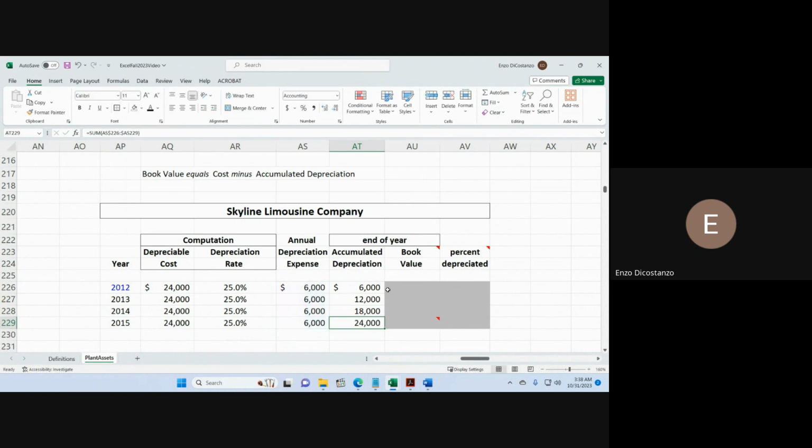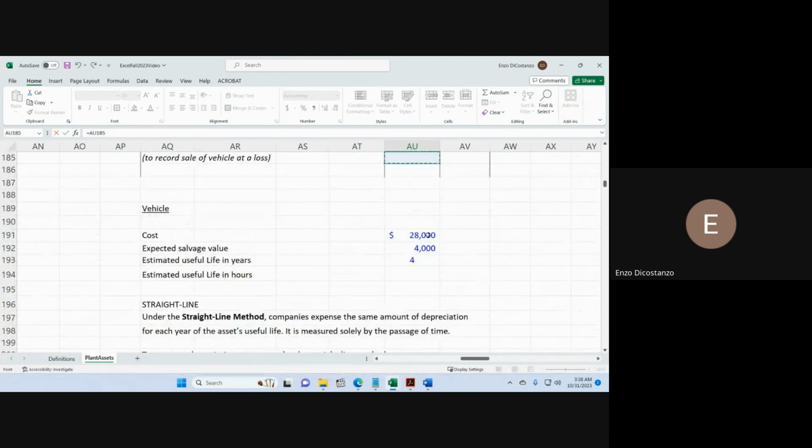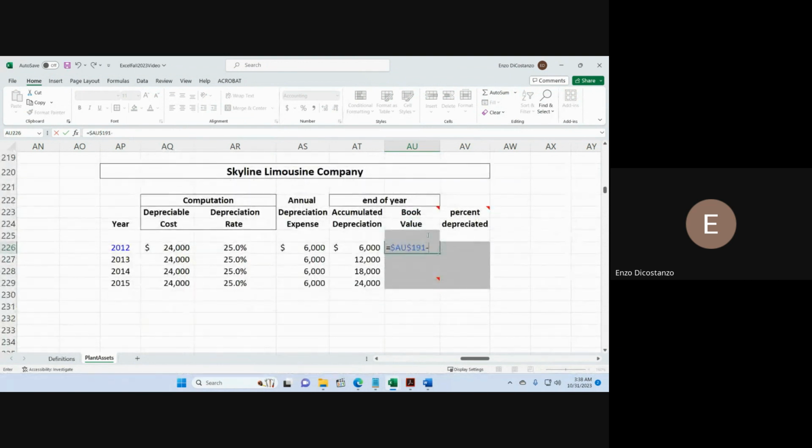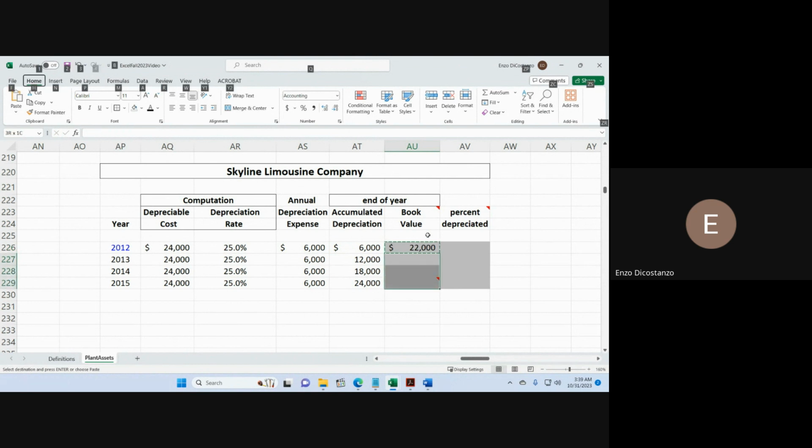You added up all your 6,000s. Your book value would be this 28 minus the accumulated. All right, and you're up to 4,000 with this.